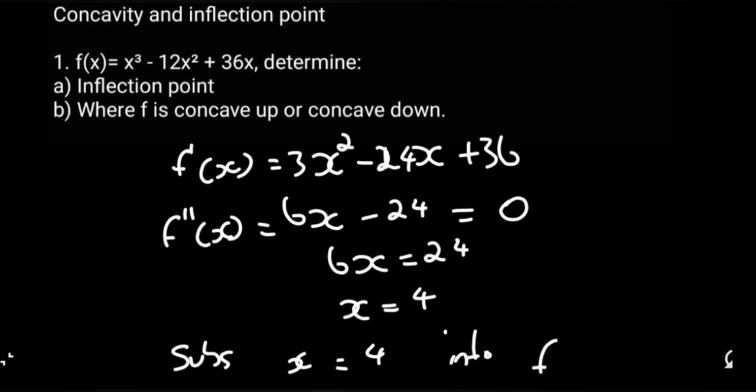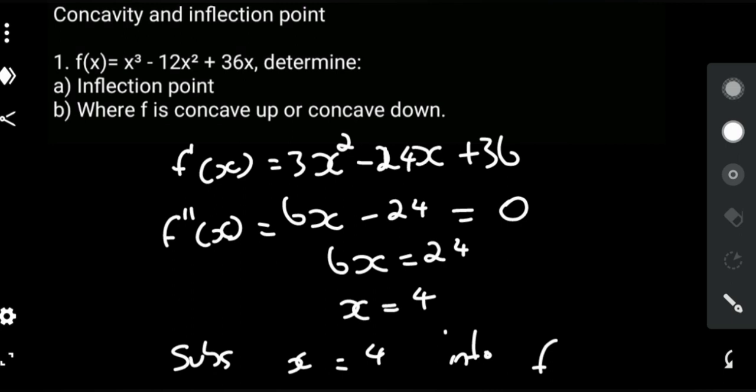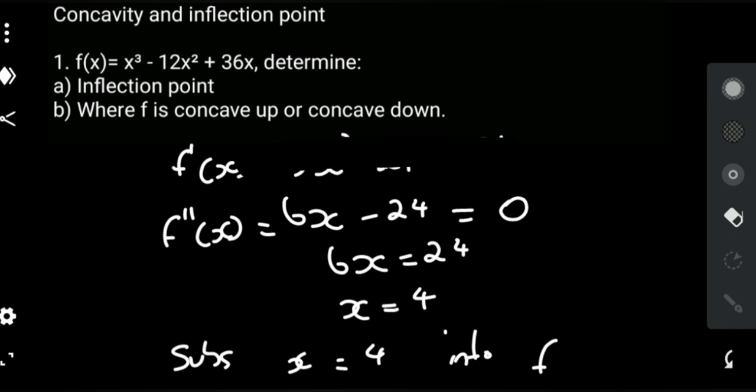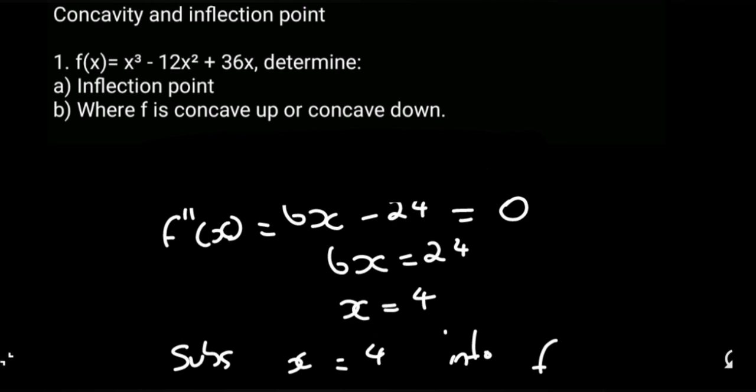Let me erase some stuff here. I'm not going to erase our second derivative, because let me just write our second derivative here, because we're going to use our second derivative for our second problem.